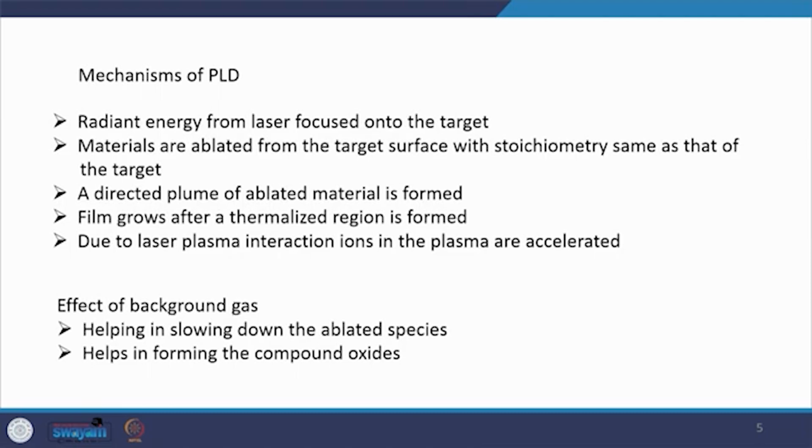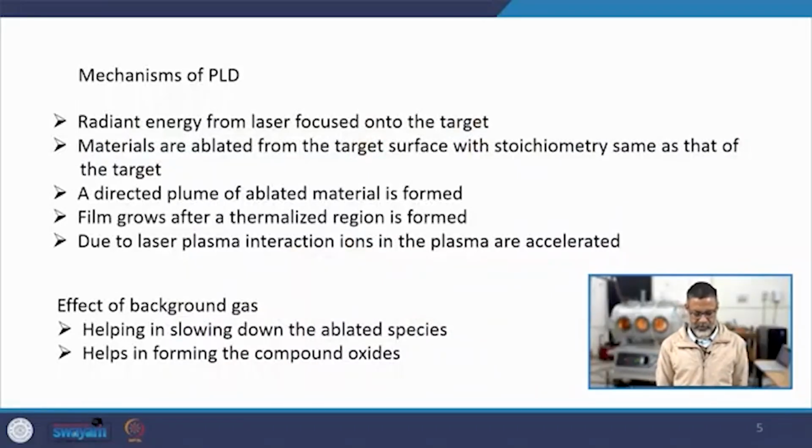Initially it will just be heating the target, and when it reaches the vaporization temperature, it will first melt and then vaporize, and then the material will be ejected. Its energy will increase further, because the pulse width is very short, of the order of 10 nanoseconds. So, in the initial part of the pulse the energy is mainly used for heating the target, and the next part of the pulse is used to generate the plasma and eject the material with a high velocity.